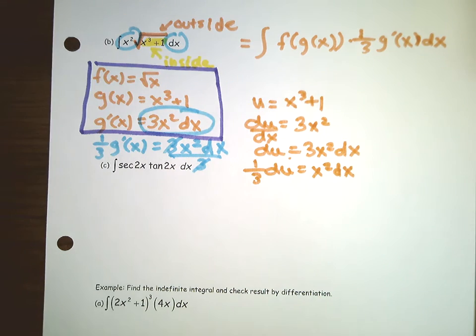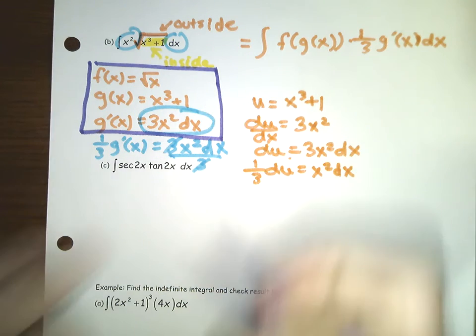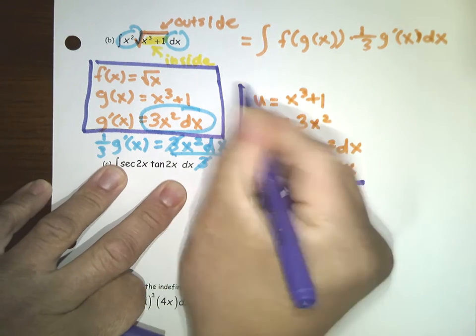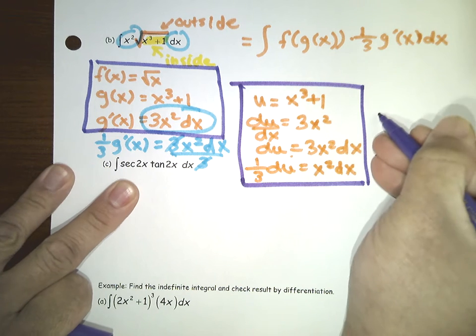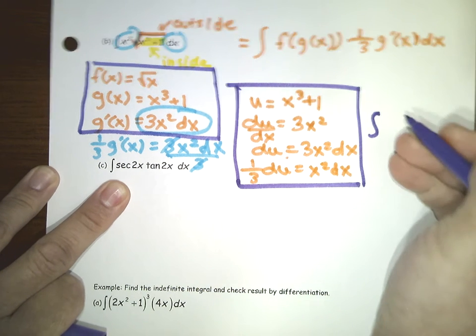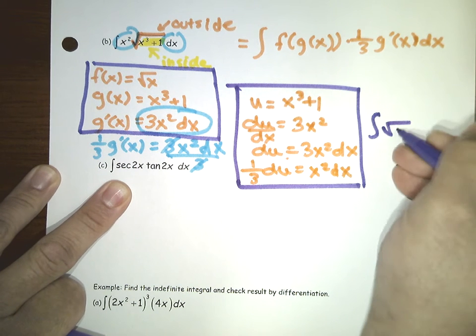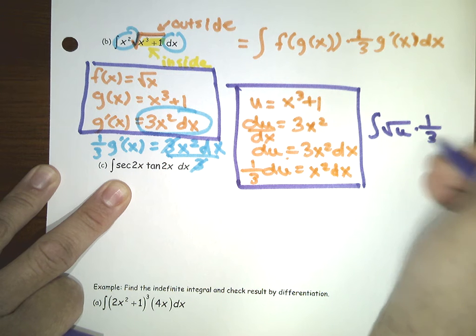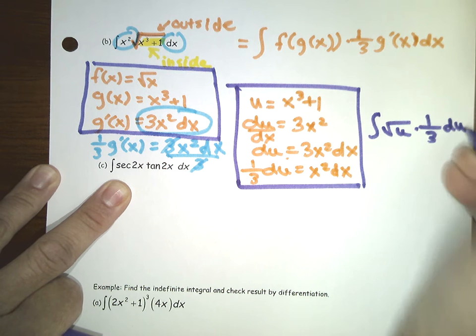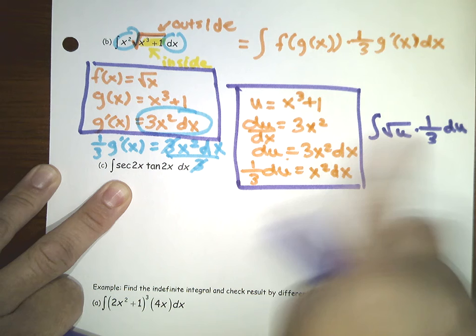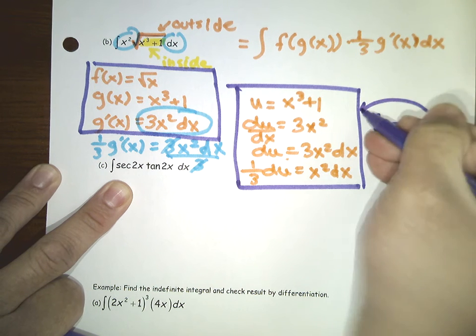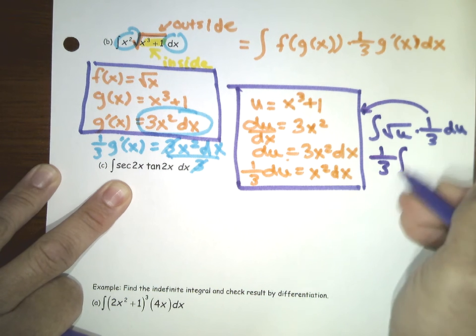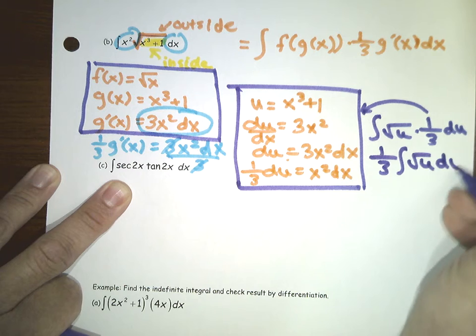So if I use the u format instead of the x's, I have the integral of square root of u times 1/3 du. Or I can bring the 1/3 in front, so that's 1/3 integral of square root of u du.